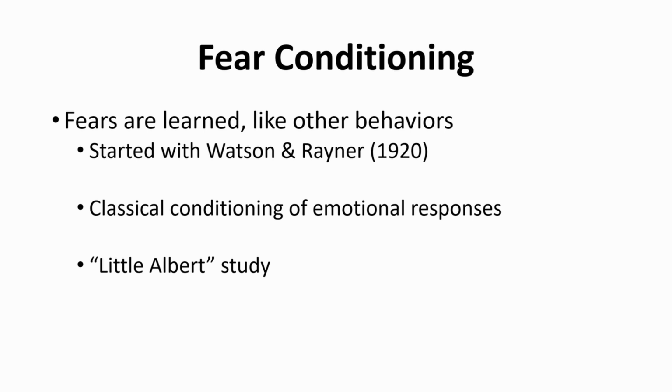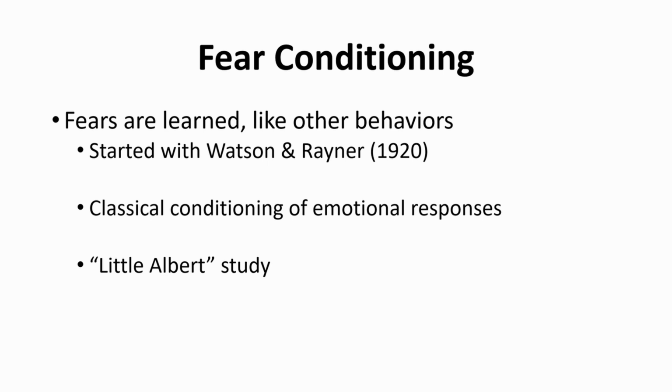Basically, they took a 9-month-old infant named Albert and trained him, or conditioned him, to experience fear, specifically to a white rat. This white rat itself was docile, but they conditioned that fear response by pairing the presentation of the white rat, which started out as a neutral stimulus that the baby didn't mind, with things like a very loud noise that startled the child and made him cry.